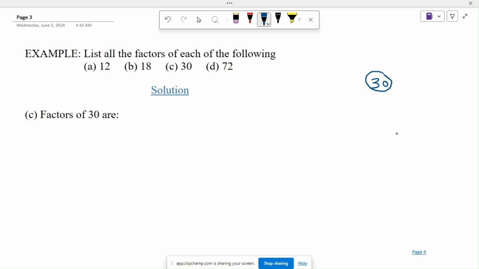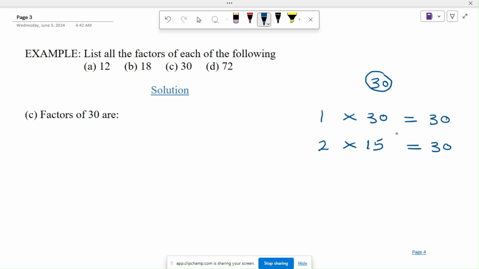So the first number we make use of is 1, multiplied by the next one, that's 30. Our outcome will be 30. Now we move to 2. 2 multiplied by what number? 15. Multiplied by 15 will surely give us 30.